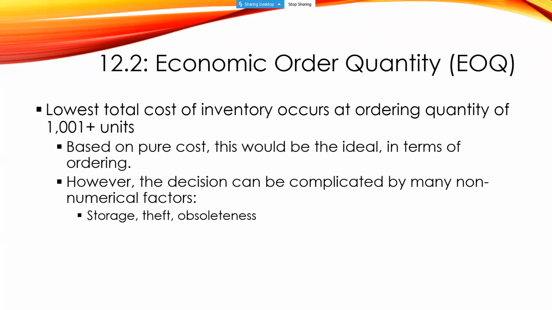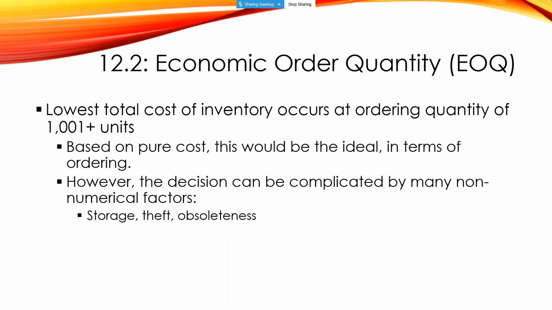Things such as the goods being obsolete. Those motors, they could get outdated. Talking motors for appliances. Well, especially if you're dealing with things like computers. They get outdated real quick.